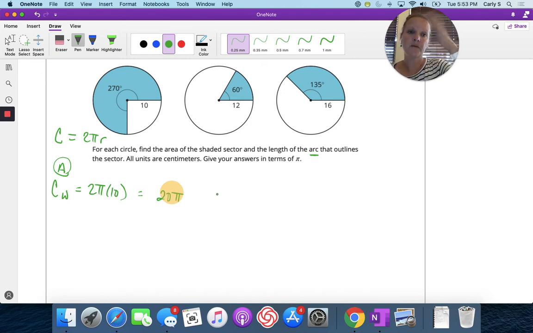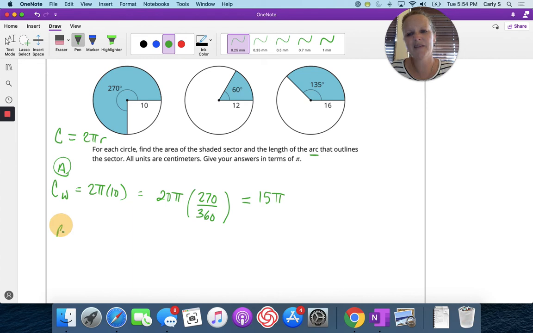Now, the circumference we're talking about is the one that's associated with the 270 degrees of the circle. So we're still going to multiply that times the ratio. Okay, so 20 pi, we're going to leave pi there, times 270 divided by 360. And I get the circumference there is 15 pi.